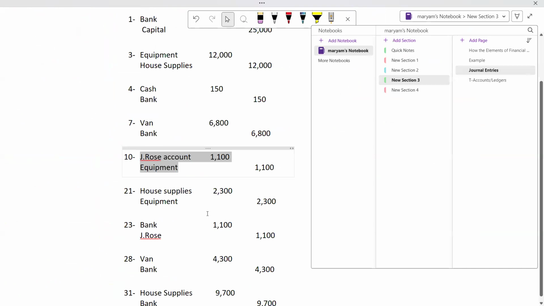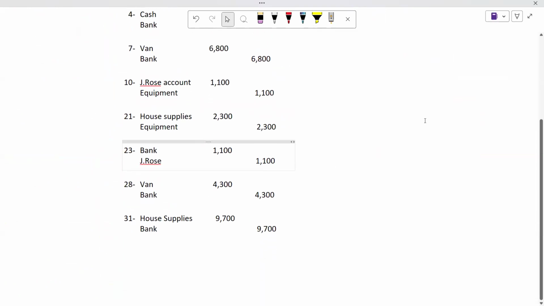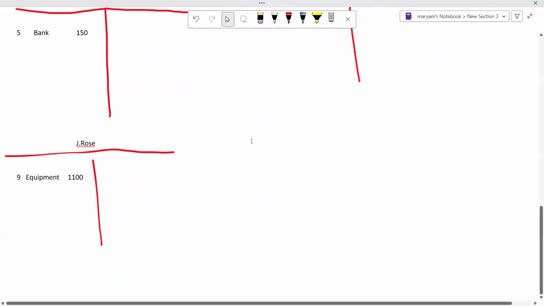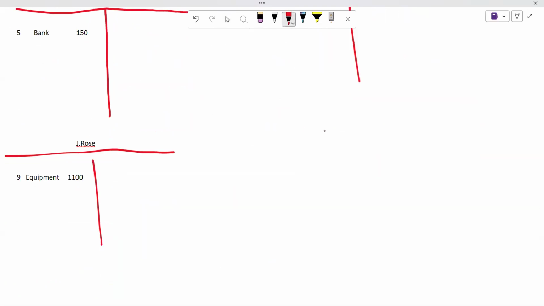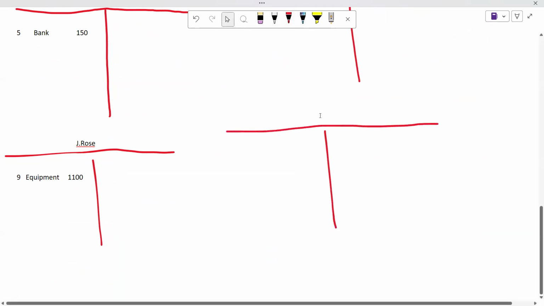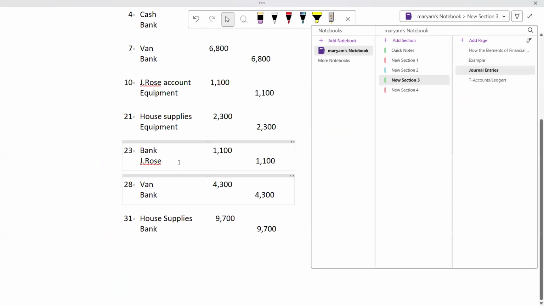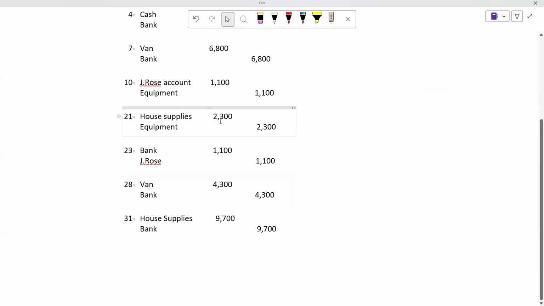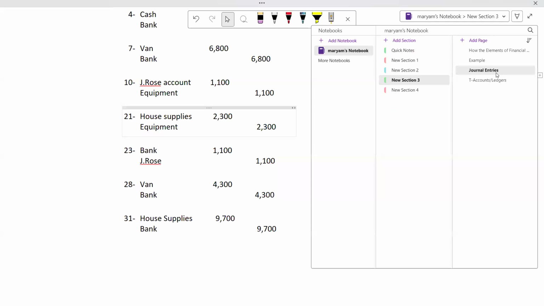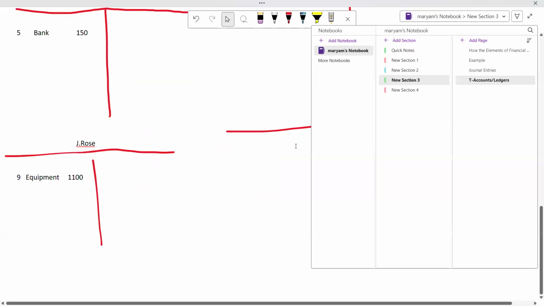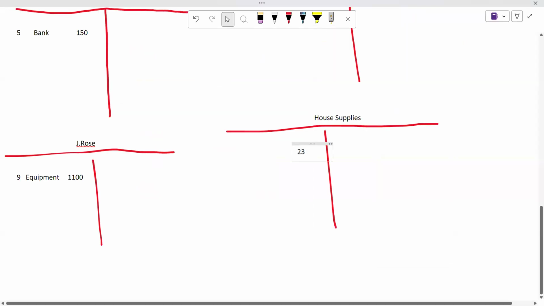What's the next one? It's house supplies and then equipment. House supplies is debited. I've got the amount, 2,300, and then the equipment 2,300.